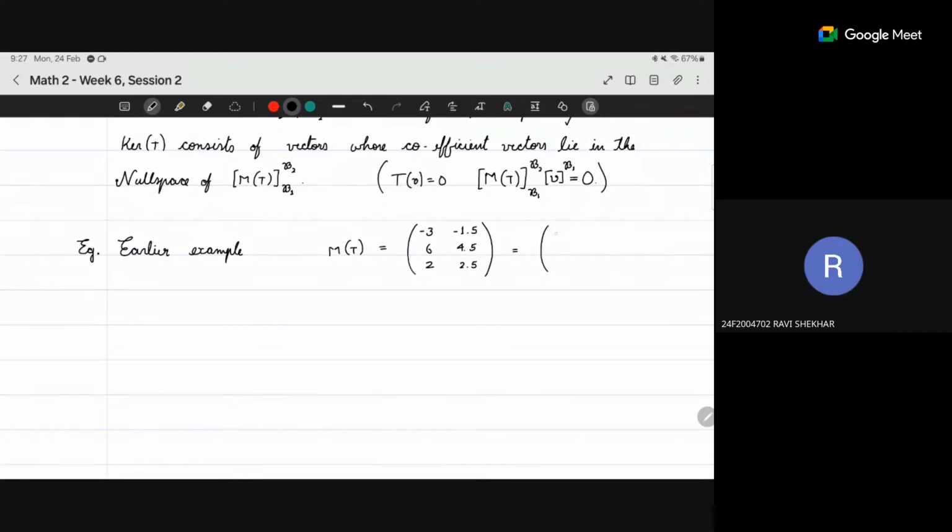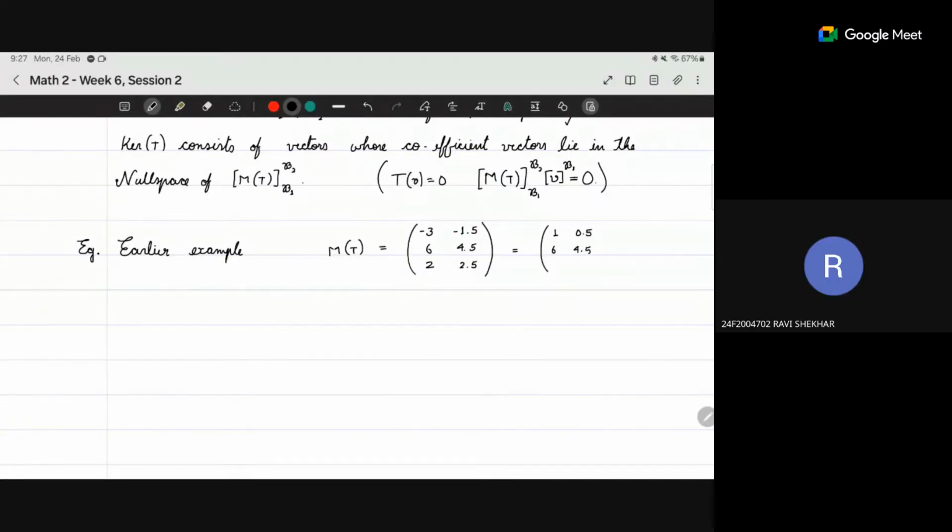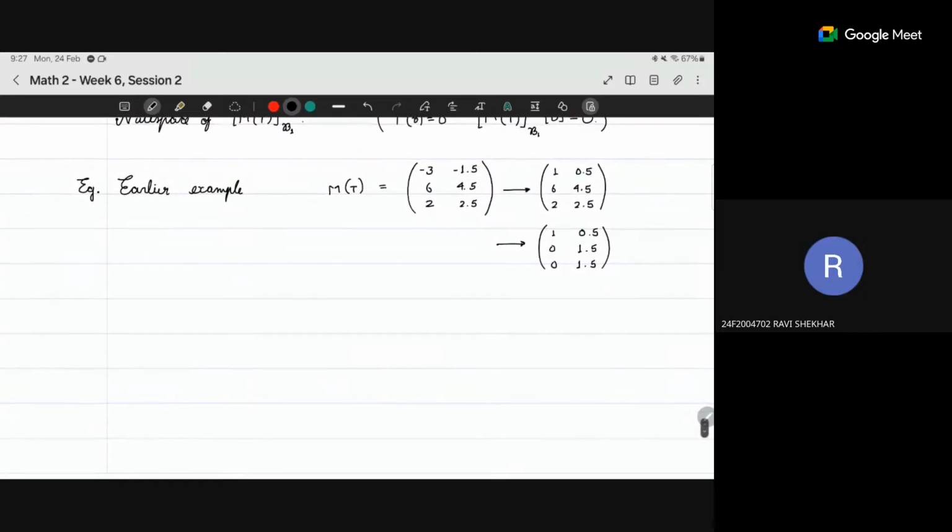So I divide the first row by -3 to get something like 1, then row operations will give me 0.5 and 0, and 1.5, and the last one is also 1, and so this will be 5.